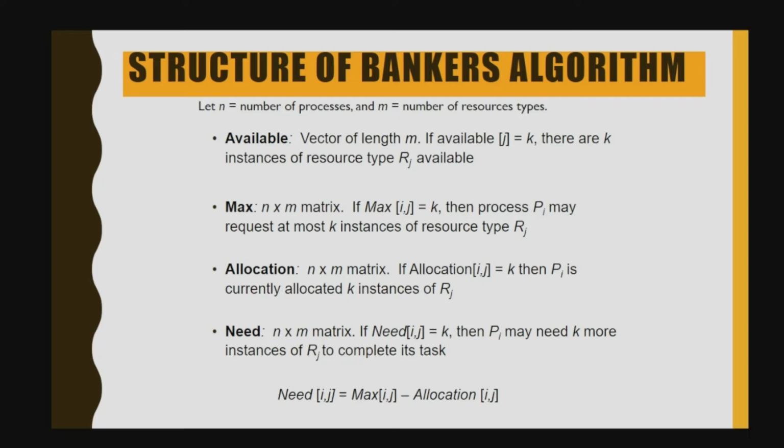Then we have allocation, which is the instances that we allocate to the processes. And then we have need. Need is calculated as maximum minus allocation. So it refers to the instances of resources needed in order to complete the task.